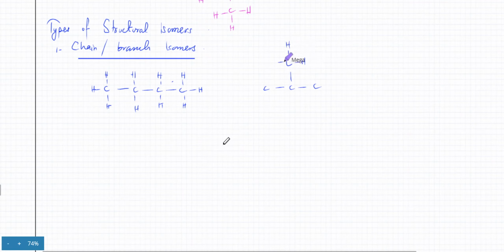So you change the carbon branches. Now that's the first type of isomer. Change the carbon chain. So they're clearly different structures, but they have the same molecular formula.